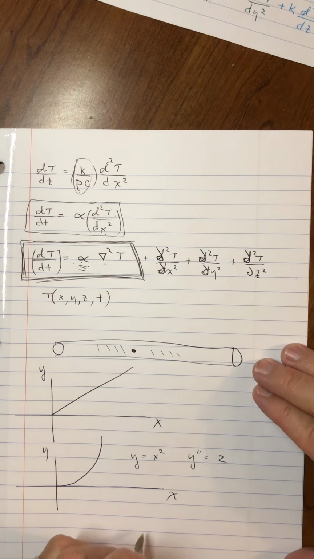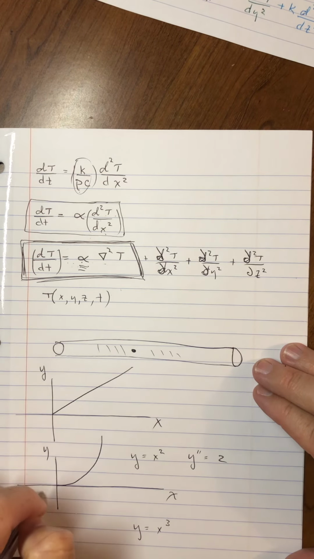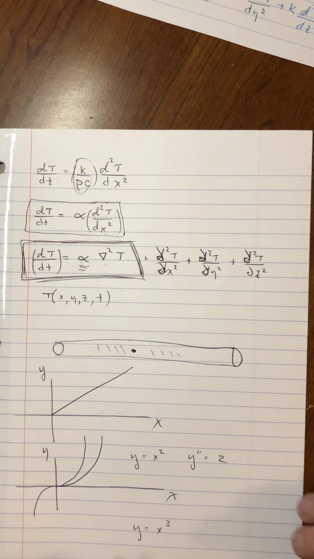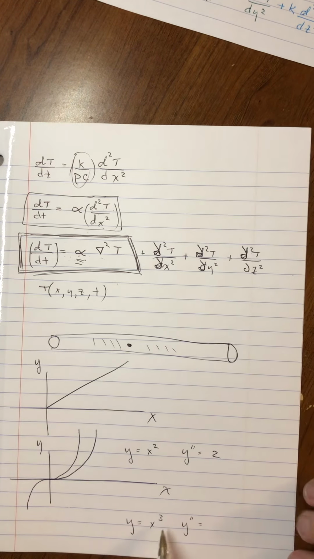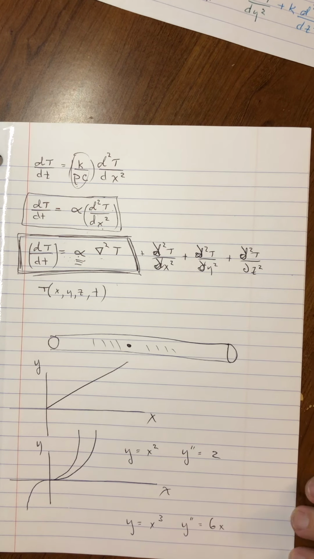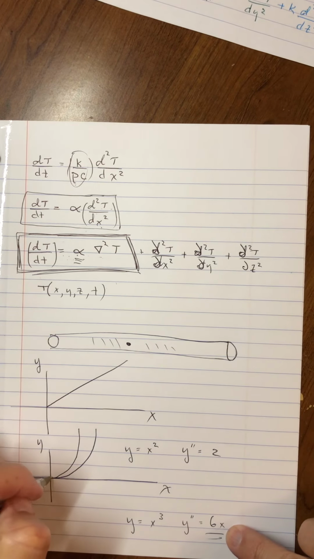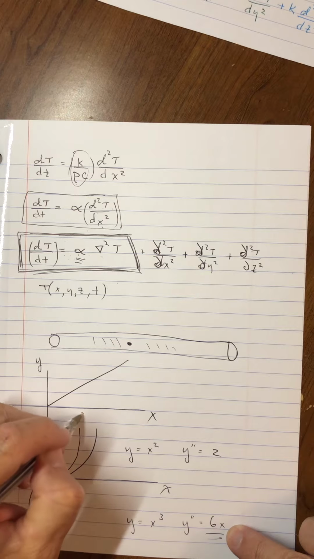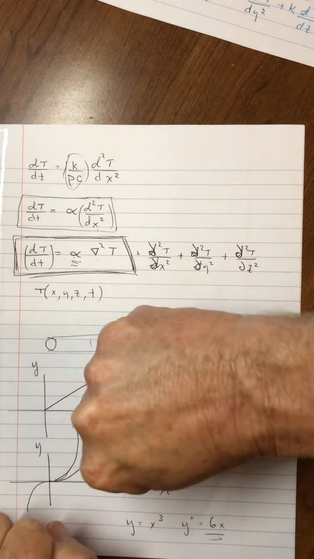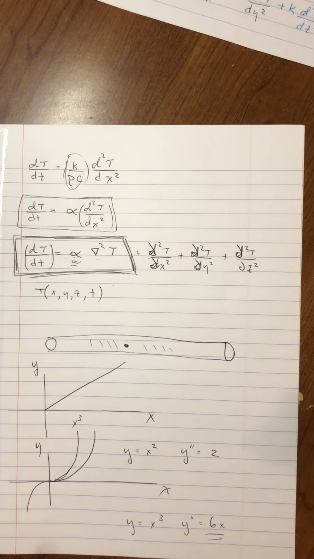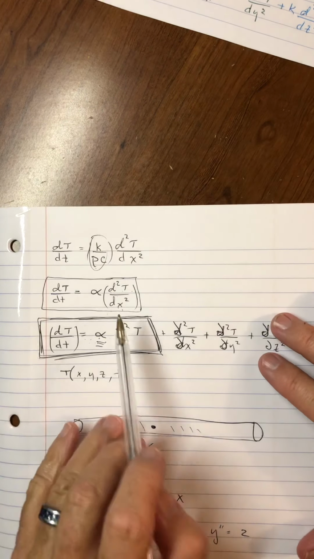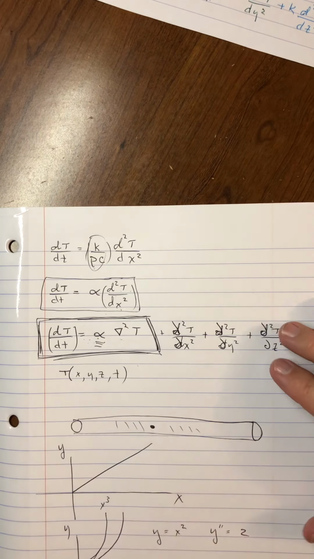Now, something that looked more like y equals x cubed, well, its second derivative is, let's see, a 3 and then a 2 makes 6x, right? And so that would say the concavity is increasing. And so this x cubed function keeps bending more and more and more. So that will give us a chance to read this math.